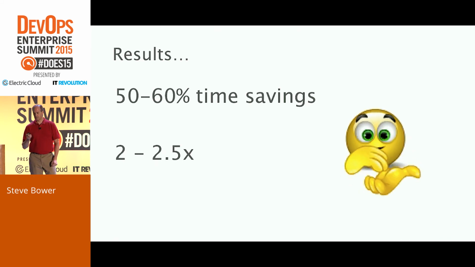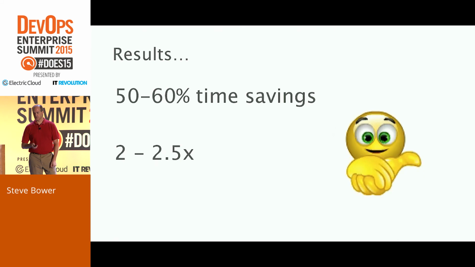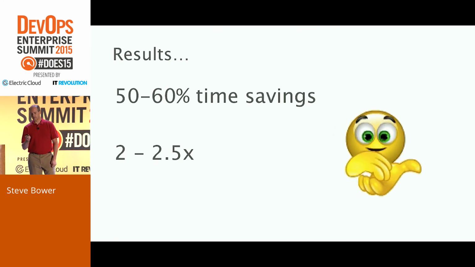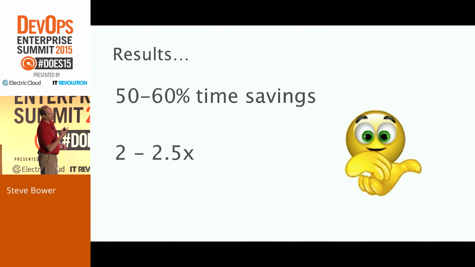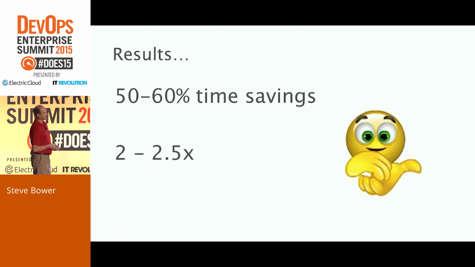So we're working on some further reliability issues, always getting more broken dependencies in the code bases. But 50 to 60% time savings, the way the Electric Cloud guys tell it, is 2 to 2.5x build acceleration. Just flip the ratio.